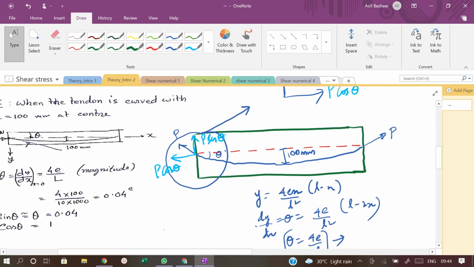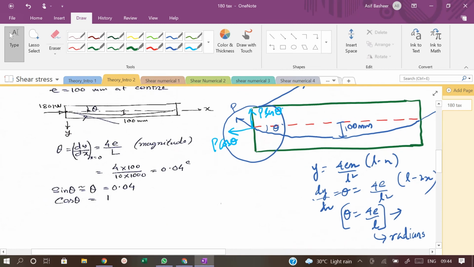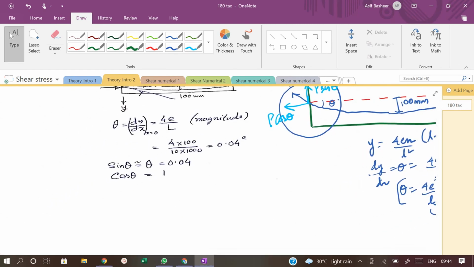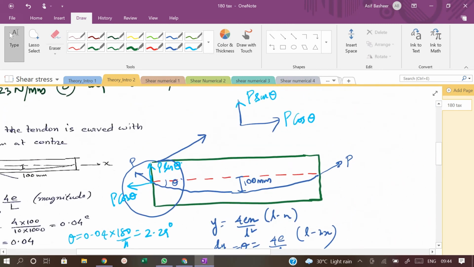And you got the value for theta is very, very small, that is 0.04 radians, which means I can take the value for sin theta as theta, 0.04. Or you can write theta in terms of degrees: 0.04 into 180 by pi, you'll get this value as 2.29 degrees, which means the horizontal component P cos theta is very small.